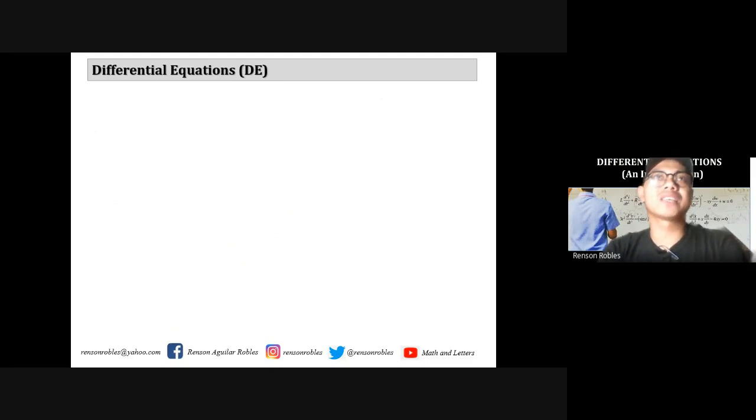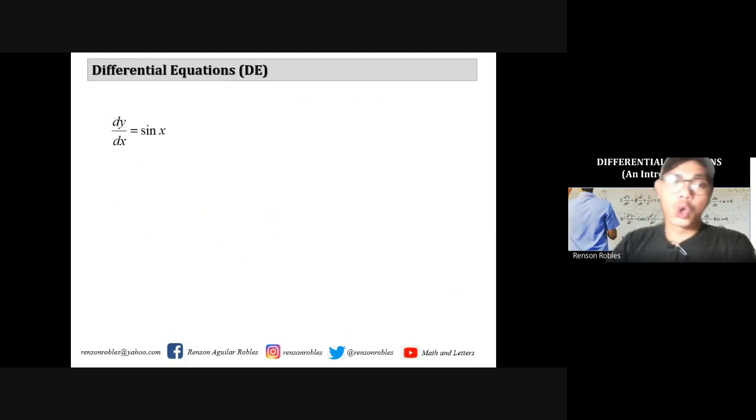Now, in the study of differential equations, we have to consider the dependent and independent variables. When a differential equation involves one or more derivatives with respect to a particular variable, that variable is called the independent variable. And a variable is called a dependent variable if a derivative of that variable occurs. Take a look at this example. We have here dy/dx, so we have variables x and y.